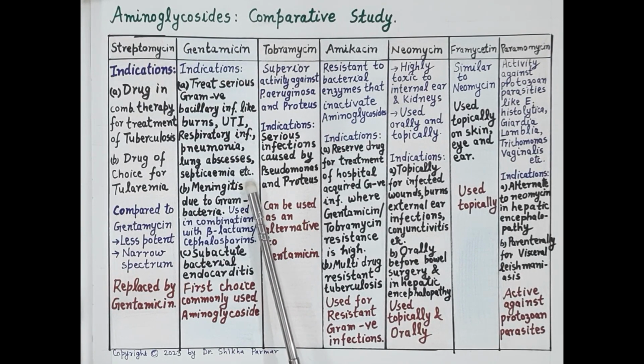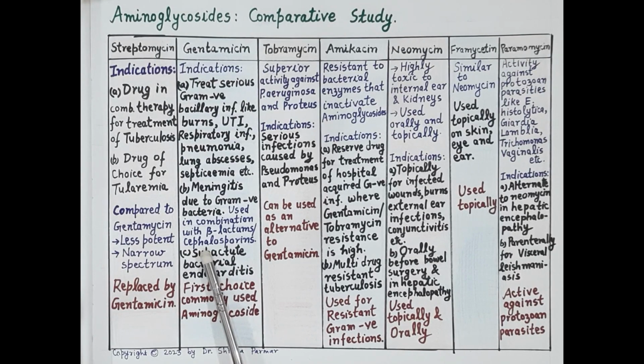It is also used in the treatment of meningitis due to gram-negative bacteria. For both these indications, gentamicin is often combined with beta-lactam antibiotics like cephalosporins, as beta-lactam antibiotics inhibit cell wall formation of the bacteria and facilitate entry of aminoglycosides into the bacterial cells.